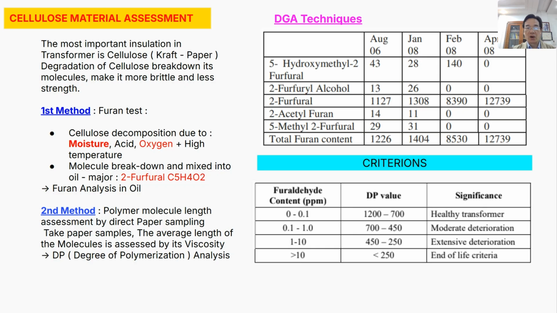So for most oil-immersed transformers, the insulation we use is class A. Then the insulation material is cellulose material. Chemically, cellulose material is a chain of many molecules connected together, a polymer, to create a very long chain of molecules.